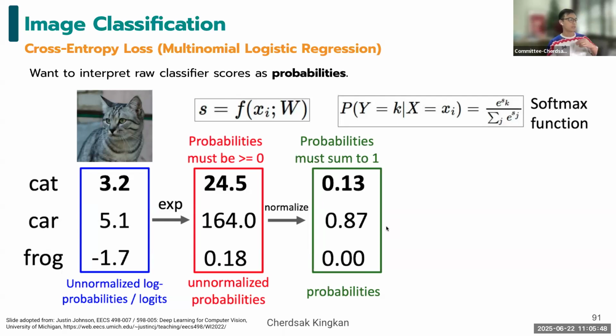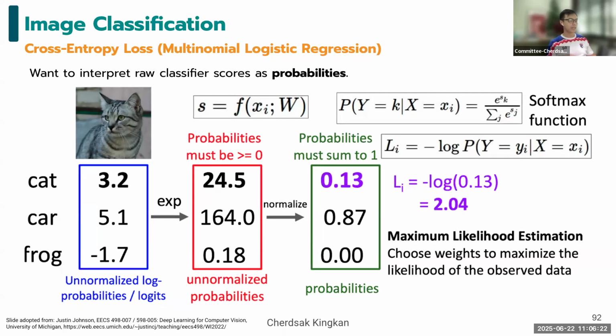The probabilities sum up to 1. So what we can interpret from here is that the model is 80% confident that this input image is a car, and 13% confident that this input image is a cat. So the probability just tells you the confidence of the model.